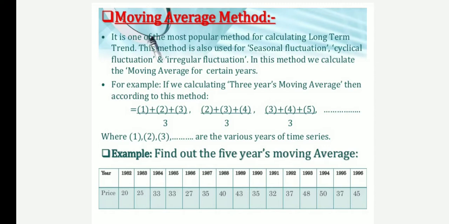In this method, we calculate the moving average for certain years. For example, if we calculate a 3-year moving average, then you have to add the first value, second value, and third value, and divide by 3, because we are considering the 3-year moving average.